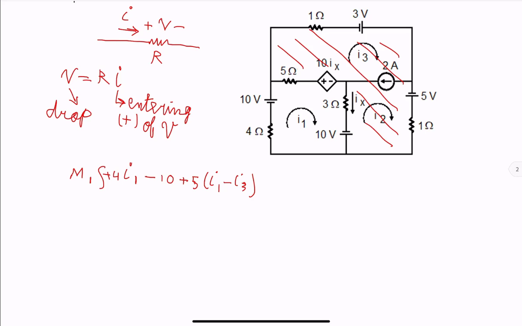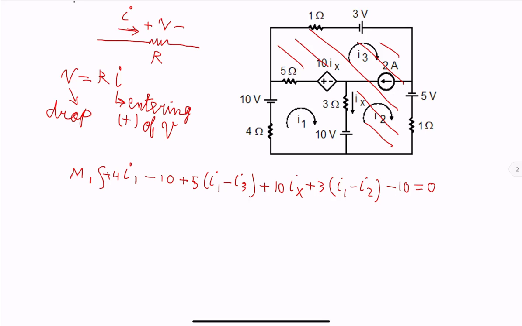We have a dependent source. We are entering the positive, so plus 10 Ix. Going straight down, we have 3 ohms, going down in the direction of I1, opposite to direction of I2. And finally, we have another voltage source. We are entering its negative side, so minus 10 equal to 0.